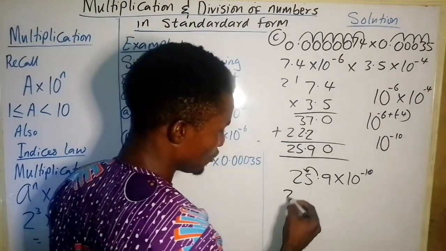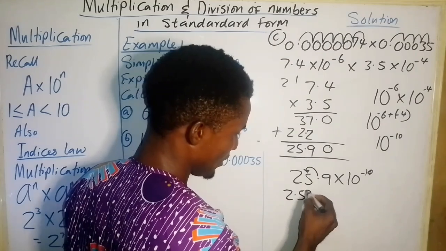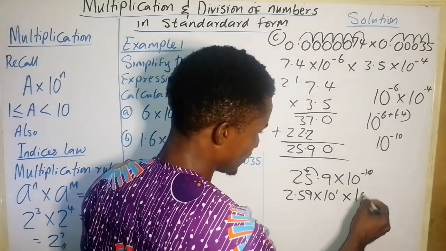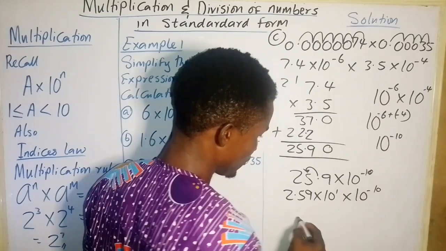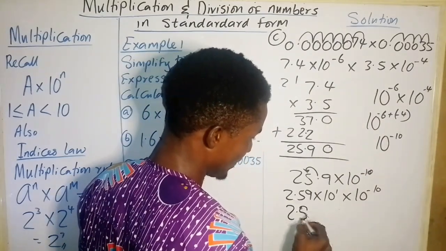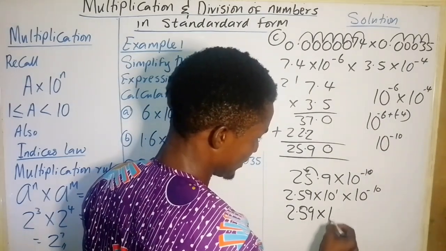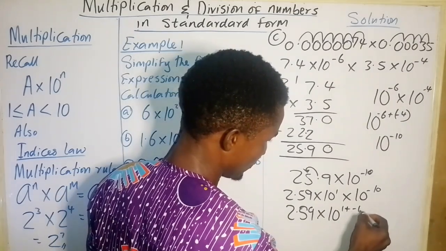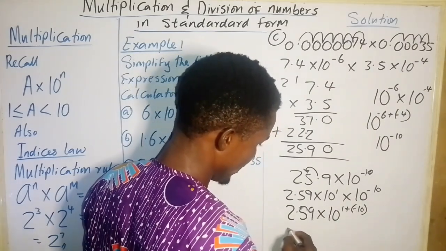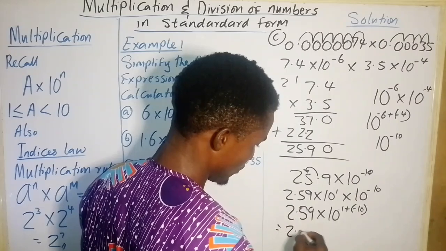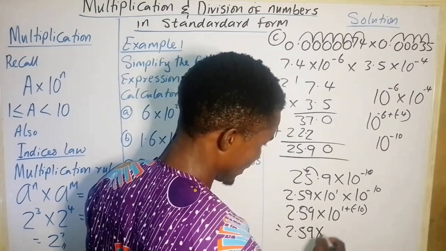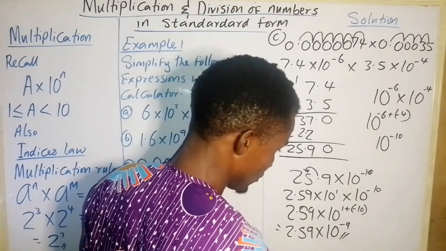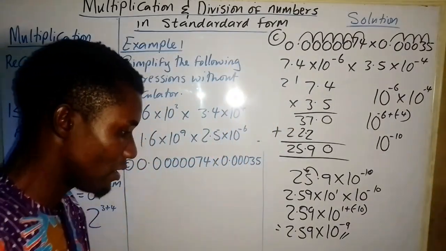This will be 2.59 times 10 raised to the power 1 times 10 raised to the power minus 10. So we have 2.59 times 10 raised to the power 1 plus minus 10. And our final answer is going to be 2.59 times 10 raised to the power minus 9. So this will be our final answer for this question here.